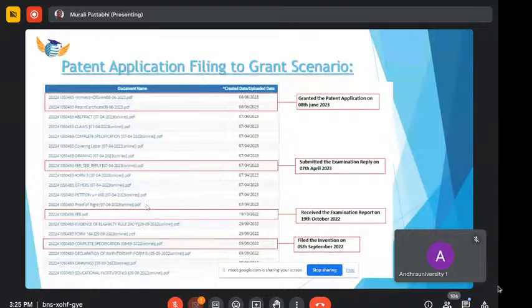Sometimes in litigation we need to understand how exactly the prosecution went with the patent office, what kind of objections were raised, and what answers were given by the inventor or the patent agent. All of that can be monitored using this data from the patent office database. It is freely available and anyone can monitor it.